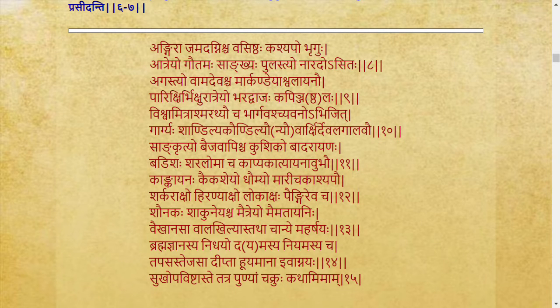I quote shloka number 8. Angira jamadagnischa vasishtaha kashapo bhruguhu atreyo gautamaha sankhya pulastyo narado asitaha. Starting from shloka number 8, the shlokas 8, 9, 10, 11, 12, 13, 14 explain the names of the Maharshis, the Rishis, the Acharyas who participated in the assembly, the seminar, the gathering.